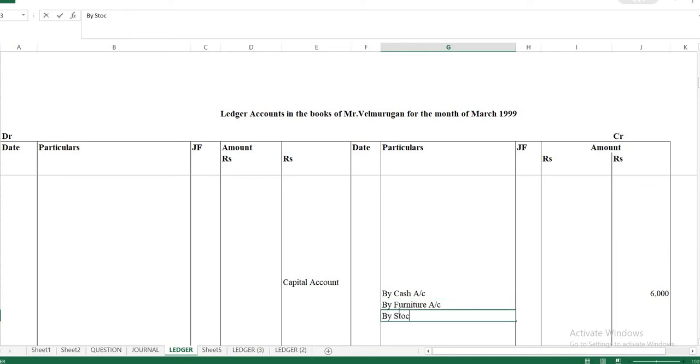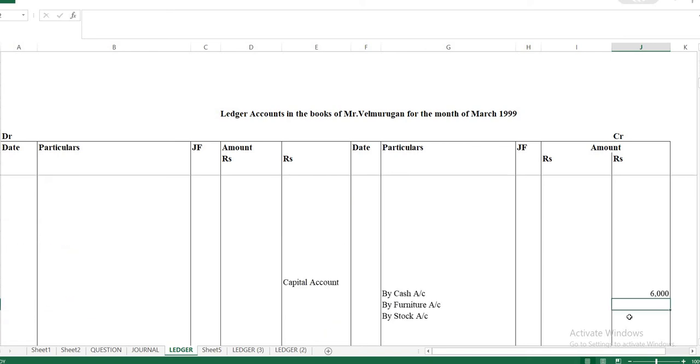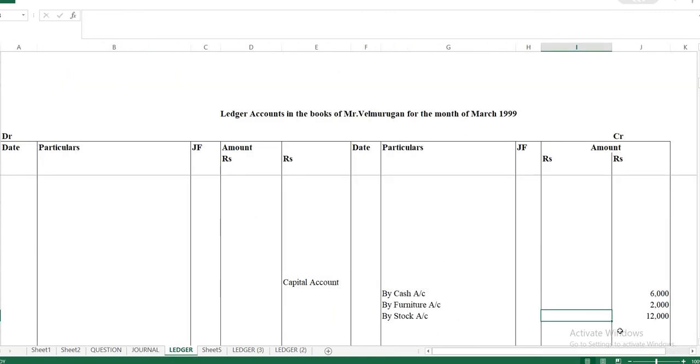Usually, if only cash has been brought into the business, only the cash account will come over here. Whereas furniture and stock, everything they have brought into the business, so along with that you have to mention this also. Furniture of 2,000 and stock of 12,000 have also been brought into the business.